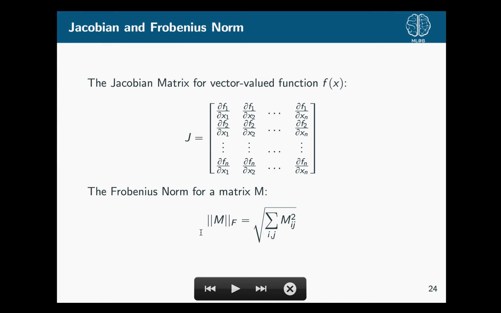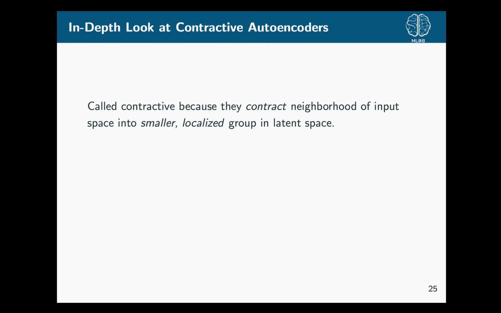That constrains the size of the derivatives of the encoding function with respect to each of the different input directions. If you do that, you'll be able to keep neighborhoods in input space as neighborhoods in latent space, and that's desirable as well. They're called contractive because they contract neighborhoods into smaller neighborhoods generally.